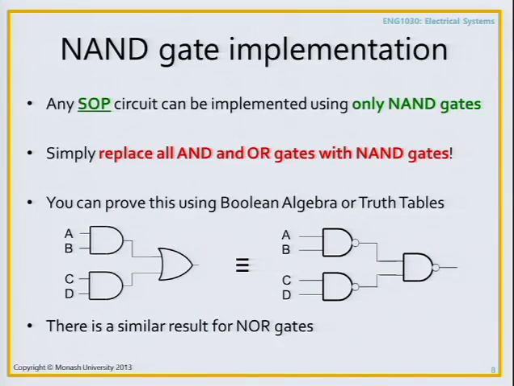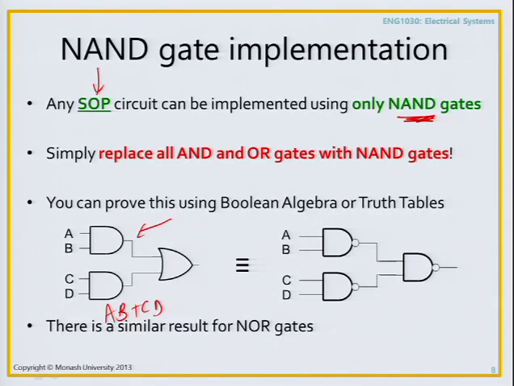Okay, so why do we want to use the sum of product circuit? Well, here's why: because any sum of product circuit can be converted into a circuit which only uses NAND gates really, really easily. Say I'm given any sum of product circuit, for example AB plus CD.